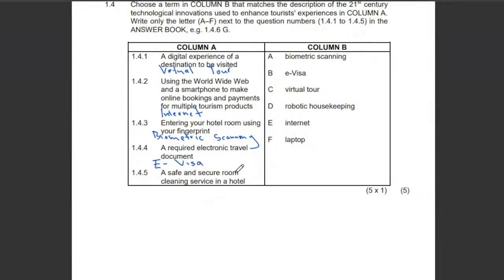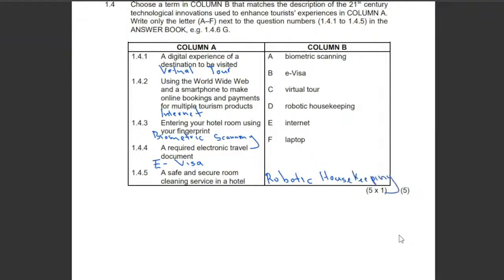Then we also have a safe and secure room cleaning service in a hotel. In the age of technology now, they're using what we call robotic housekeeping. That is an example of robotic housekeeping.